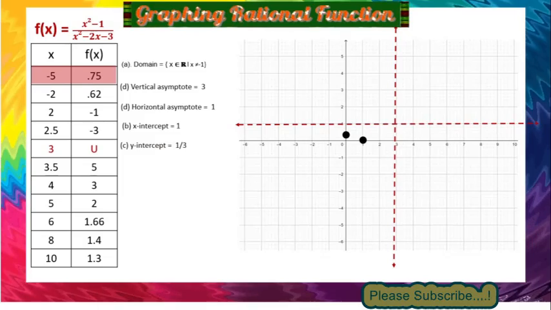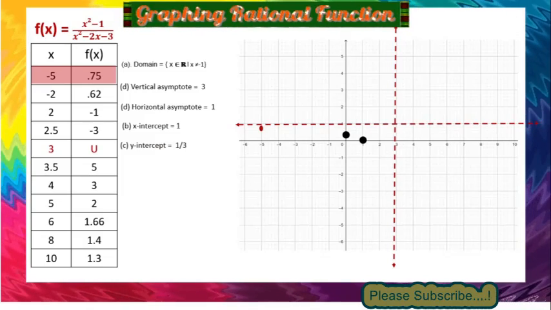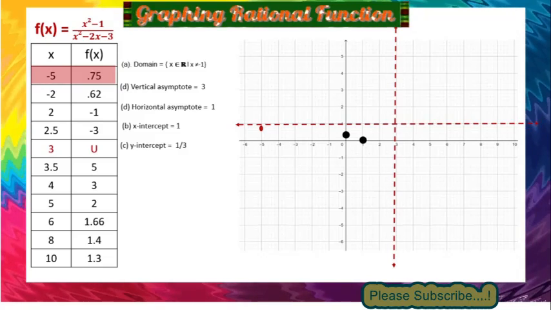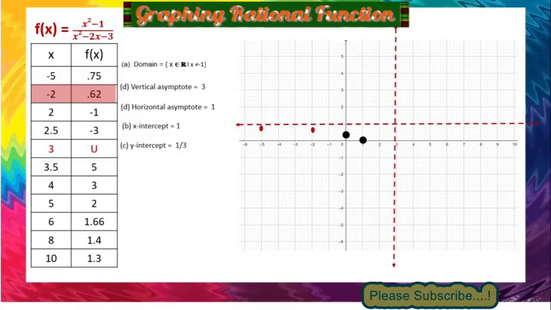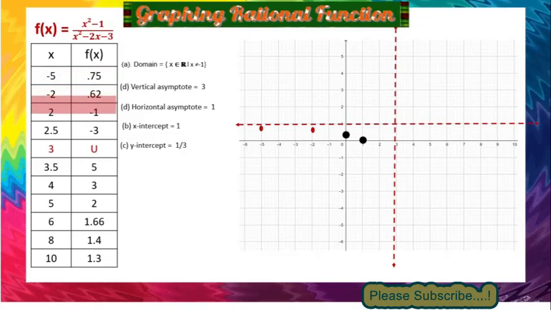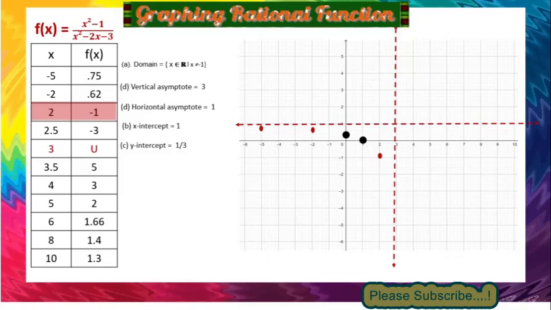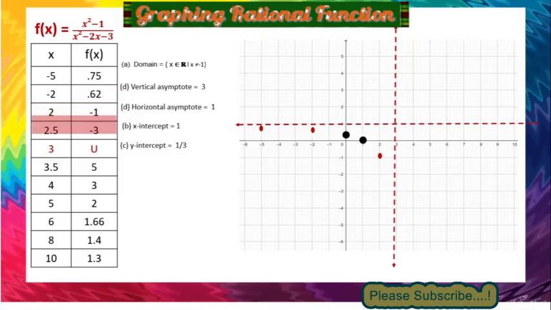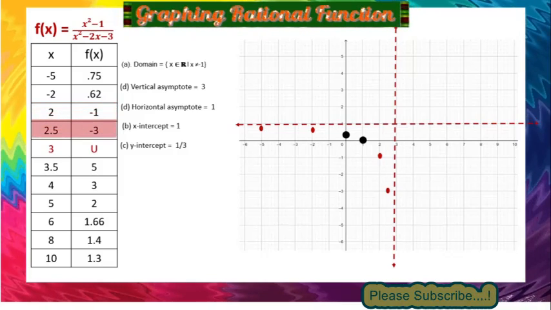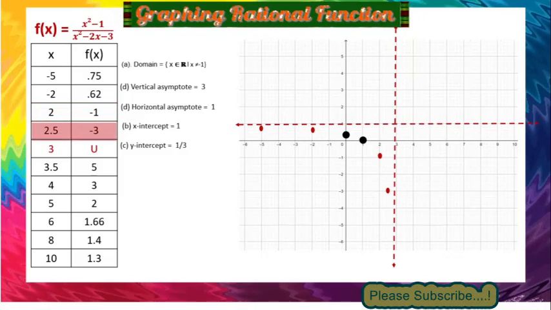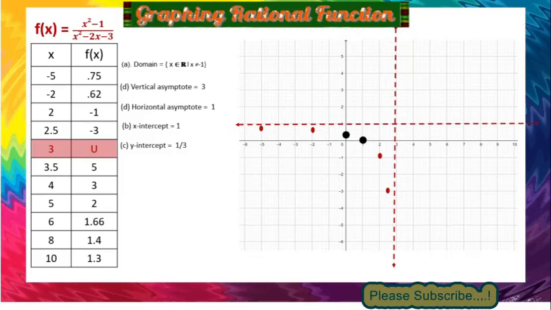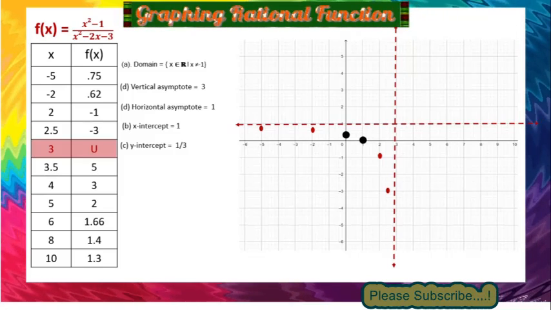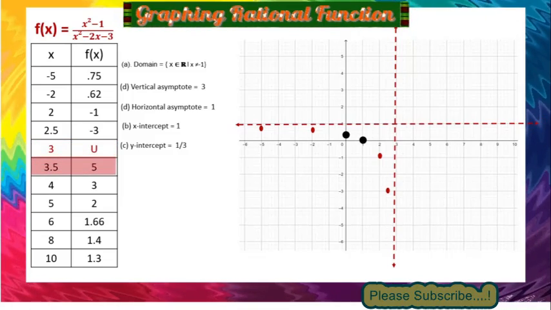When x is negative 5, the value of y is 0.75. When x is negative 2, it is 0.6. When x is 2, it is negative 1. When x is 2.5, negative 3. Then we will skip 3 because that is not included in our domain. Let's proceed to 3.5.